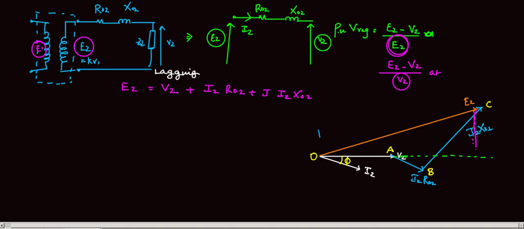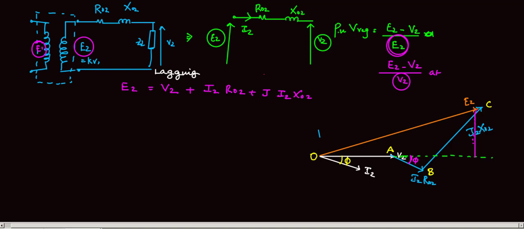Now you can see the same I2 and the same reference voltage V2. The power factor angle here is phi.